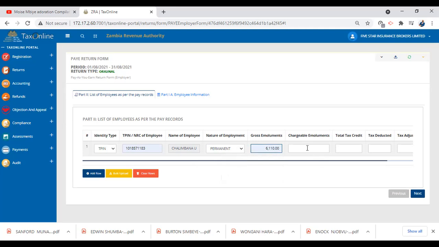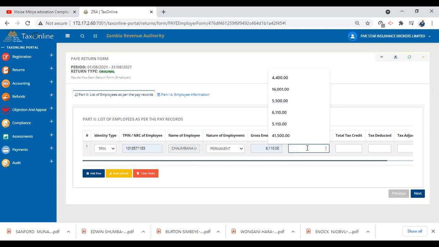And then you go to the chargeable emoluments. Now, chargeable emoluments usually are the same as gross amounts. Please underscore what I am saying, usually. Unless in months where you have exempt payments.